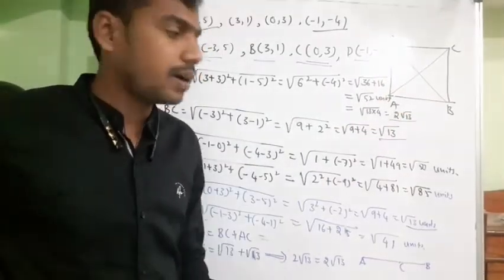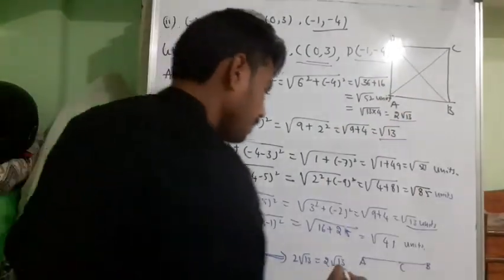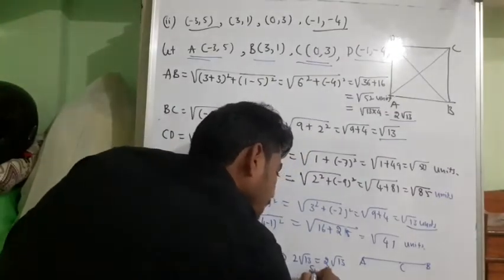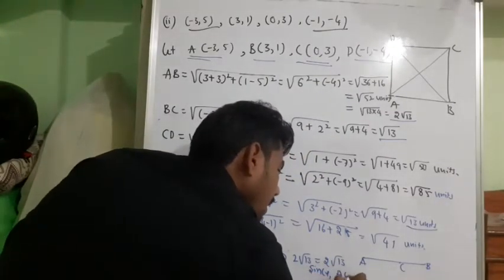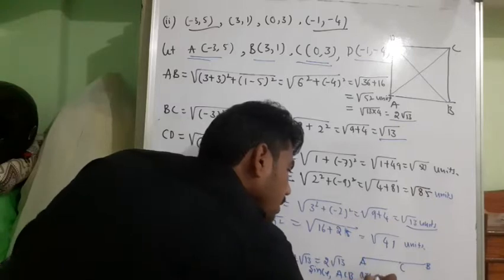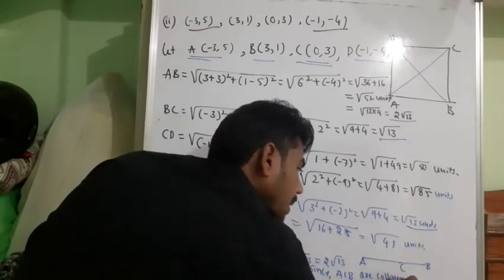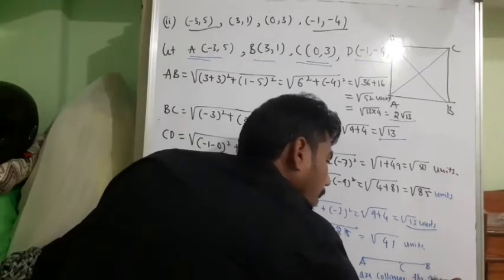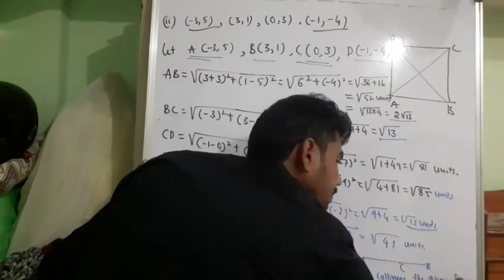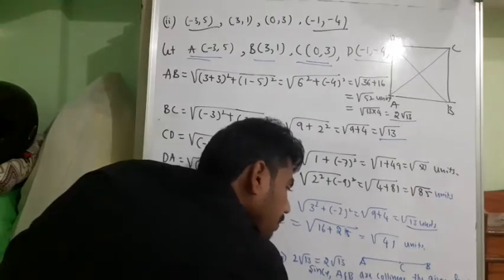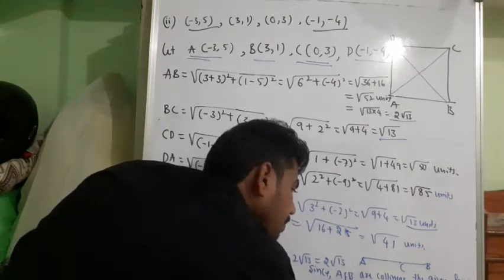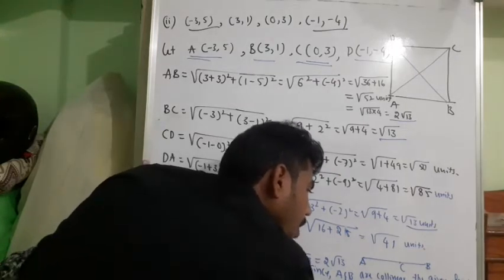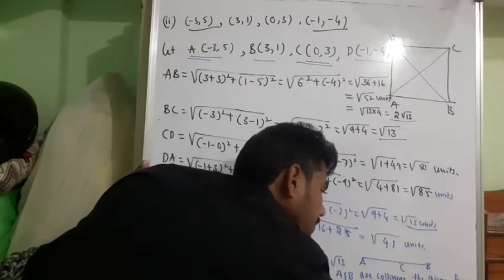It doesn't. Hence, since A, C, B are collinear, the given points do not form a quadrilateral.